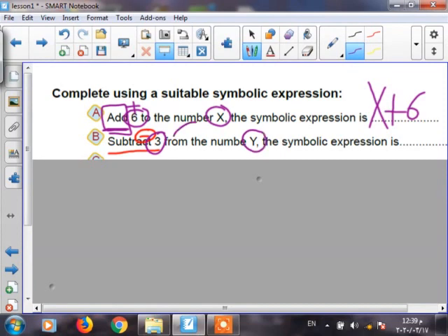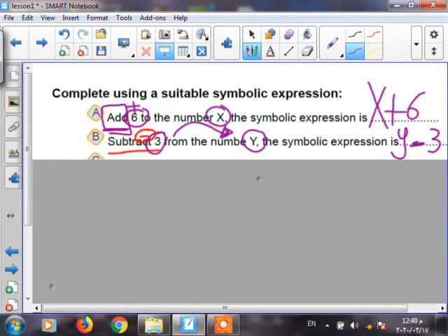I start from the symbol here. The symbol here is y. So I subtract the number 3 from the symbol y. Number 1, I have here y, and the second one is 3, so between them it will be minus.